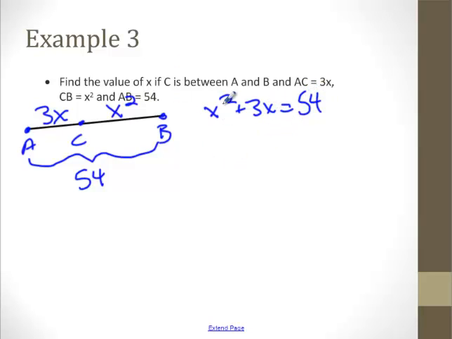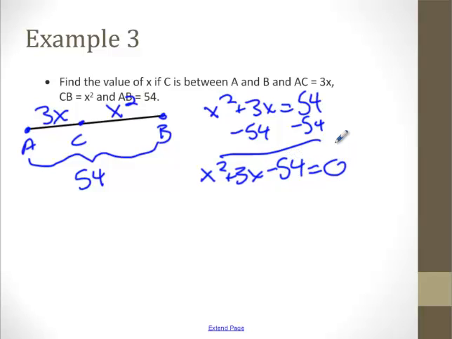Now, because I have x squared, I've got to get everything over to one side. x squared plus 3x minus 54 equals 0. Okay, so I'm going to factor. We did in Algebra 1 a method called the AM method, where you look for two numbers that add to 3 and multiply to -54.